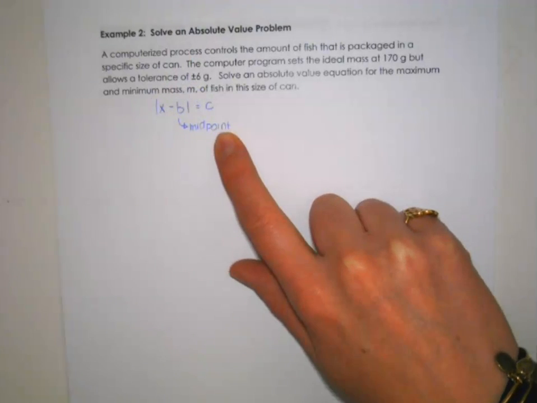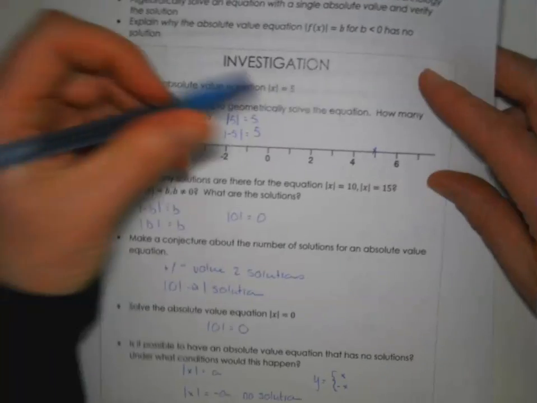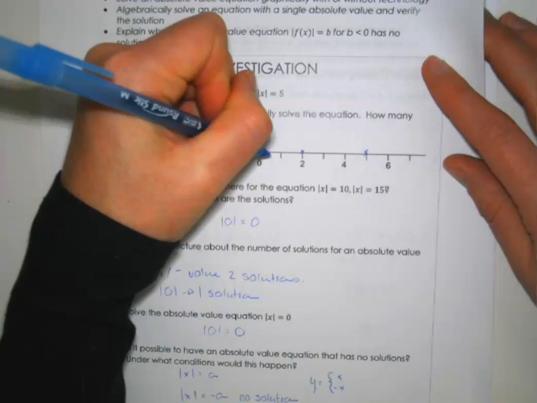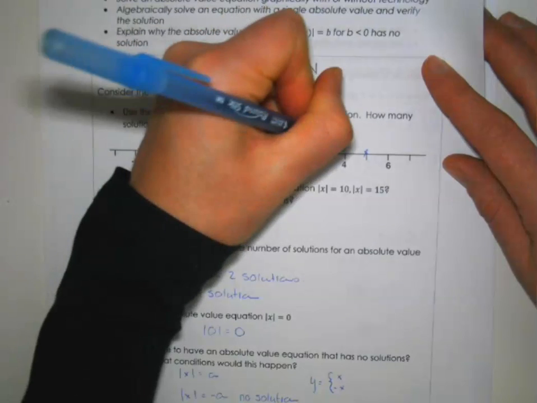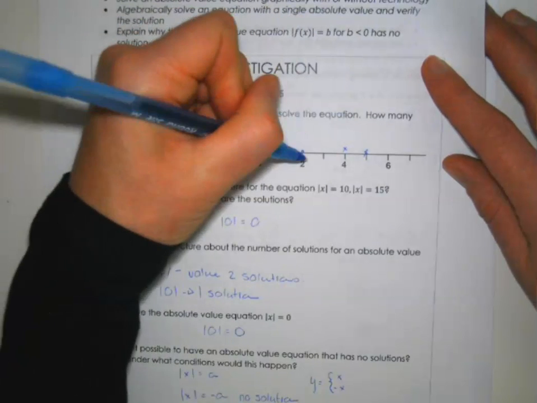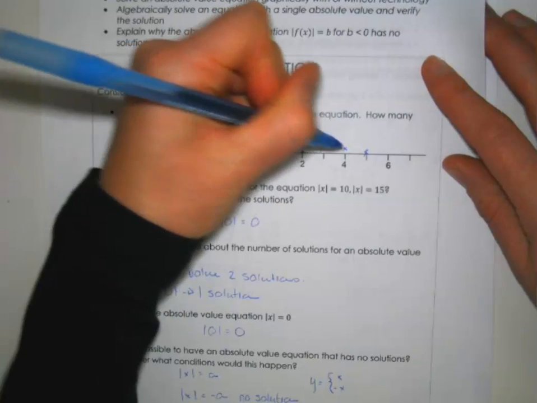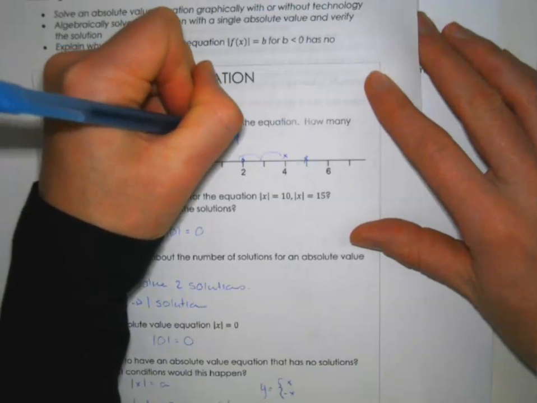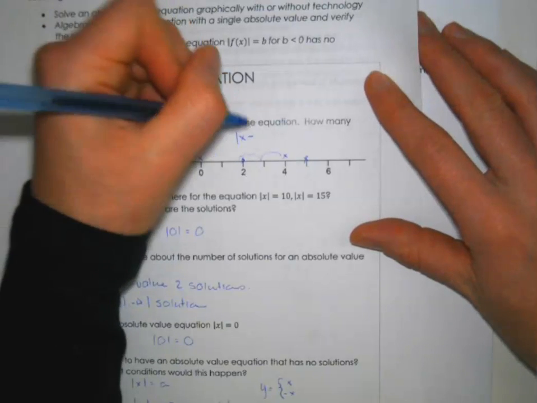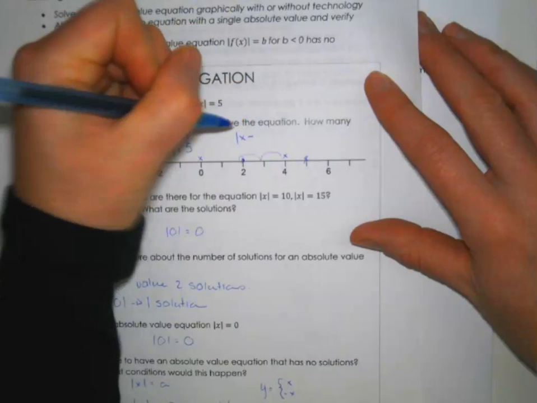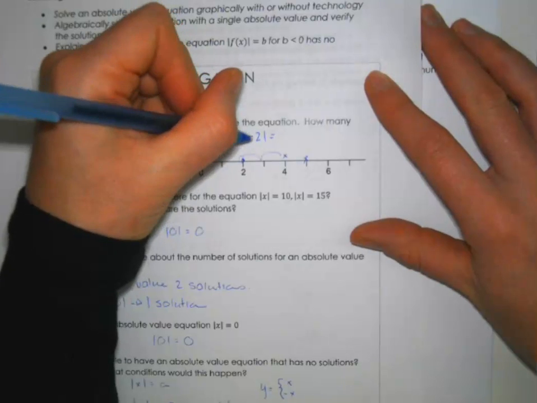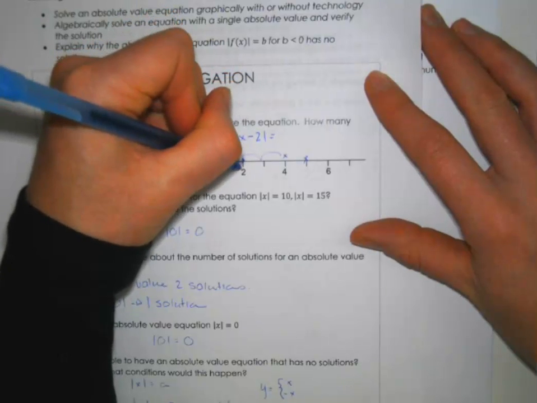So like if we had, I'll just pull back this number line here. Say if we had 2 was our midpoint, and then we had 0 and 4, we're 2 units away from our midpoint. So our equation for this one, for absolute value, would be x minus b, where b is our midpoint, which was 2 in this case, is equal to c, your difference from the midpoint.